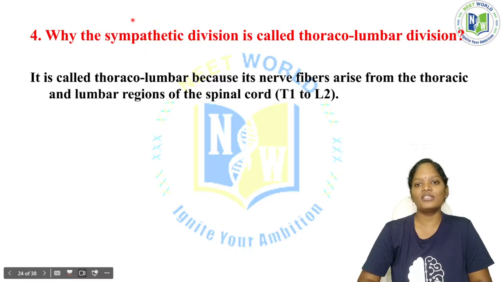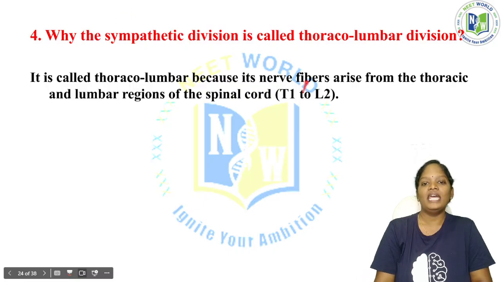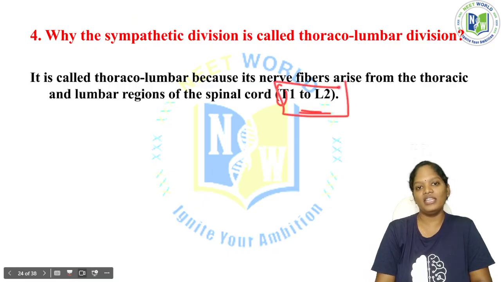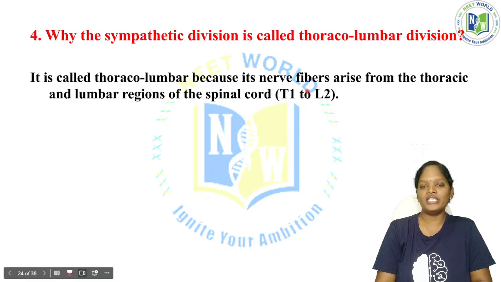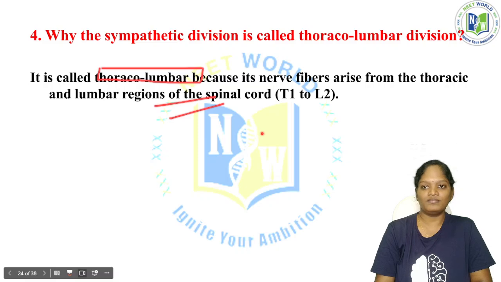It is called the thoracolumbar division because it originates from that region, exactly T1 to L2, where T means thoracic and L means lumbar. As it originates from this spinal cord region, we call the sympathetic division the thoracolumbar division.